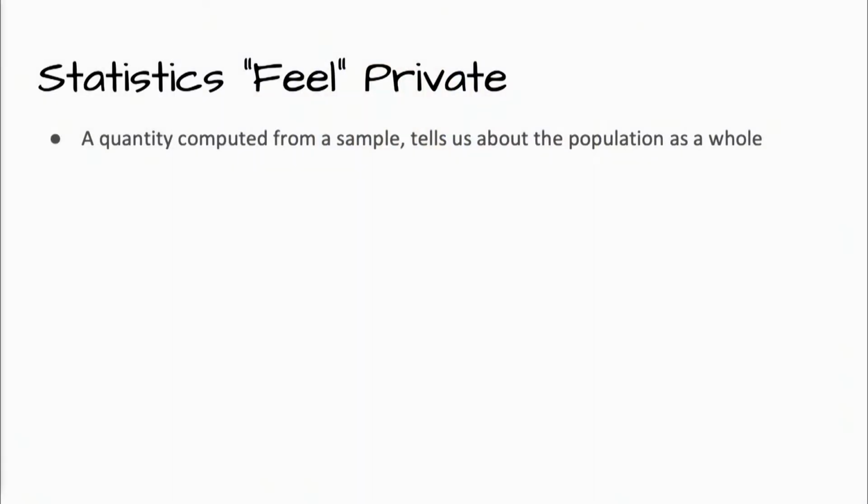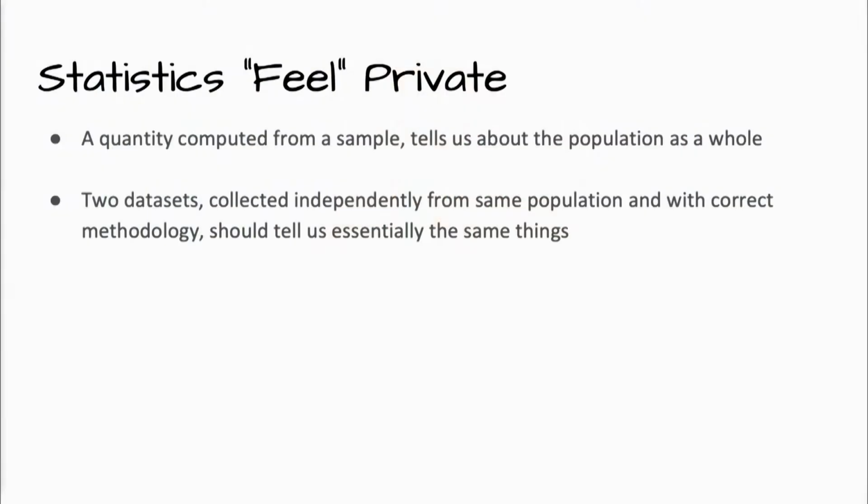Now, think about what comes to mind when you say a statistic. A statistic is a quantity that is computed from a sample, and it is supposed to tell us about the population as a whole. We've drawn the sample from the population, we compute on this sample, and we think that the measurement is telling us about the population as a whole.